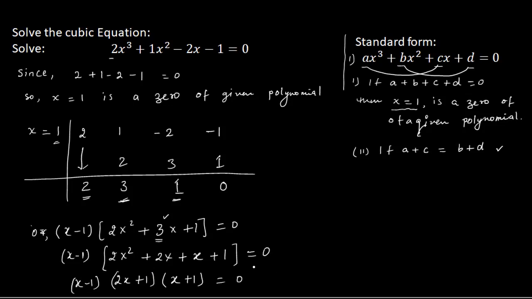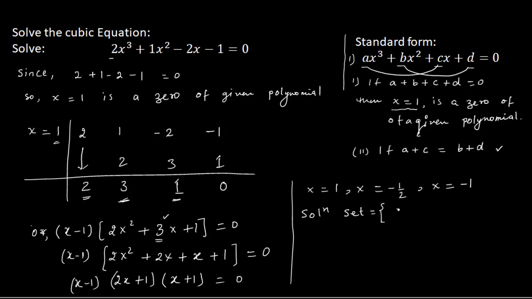So putting equal to 0, we get x equals 1, x equals -1/2, and x equals -1. So our solution set or zero set is basically 1, -1/2, and -1.